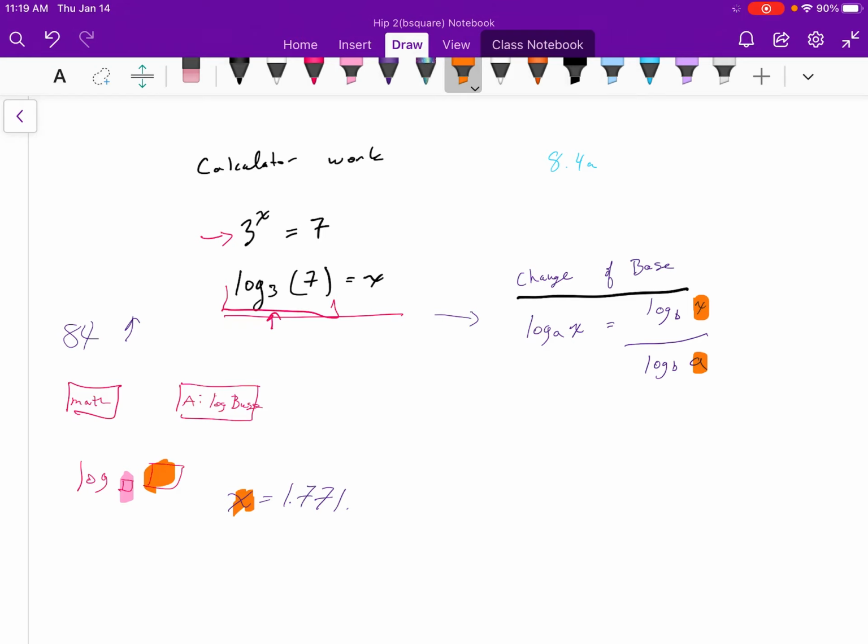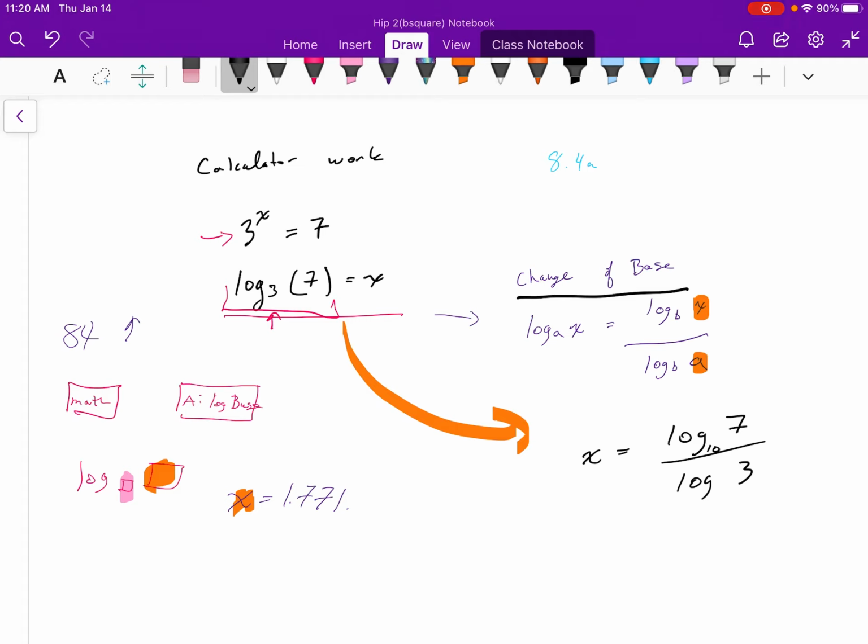So it's the ratio of log with an argument of x over the log with an argument of a. So fair enough, if I wanted to solve this equation using this approach, I could write that x is equal to log of 7 divided by log of 3.